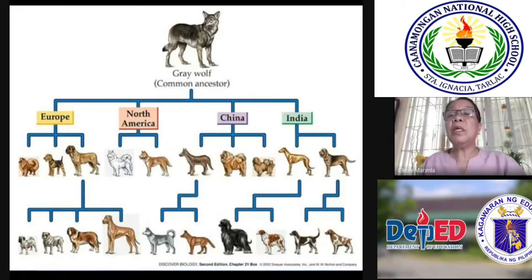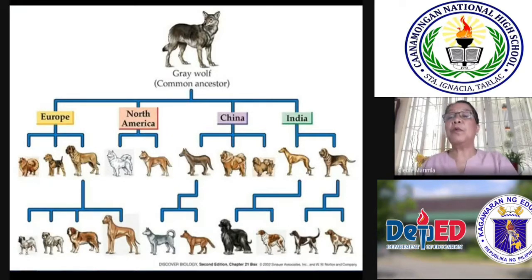The common ancestor is the gray wolf, which has produced wolves of different structures, traits, and abilities, like the wolves produced in Europe, North America, China, and India.